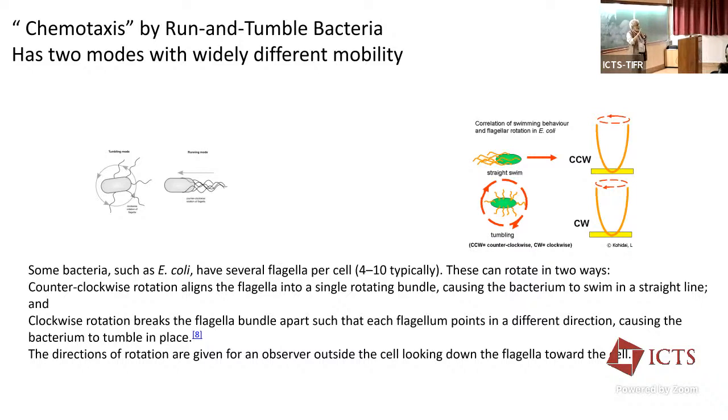Once they know that the food direction has not changed, then they wrap up and go again. So they do two things, one to find food and the other to go towards it.